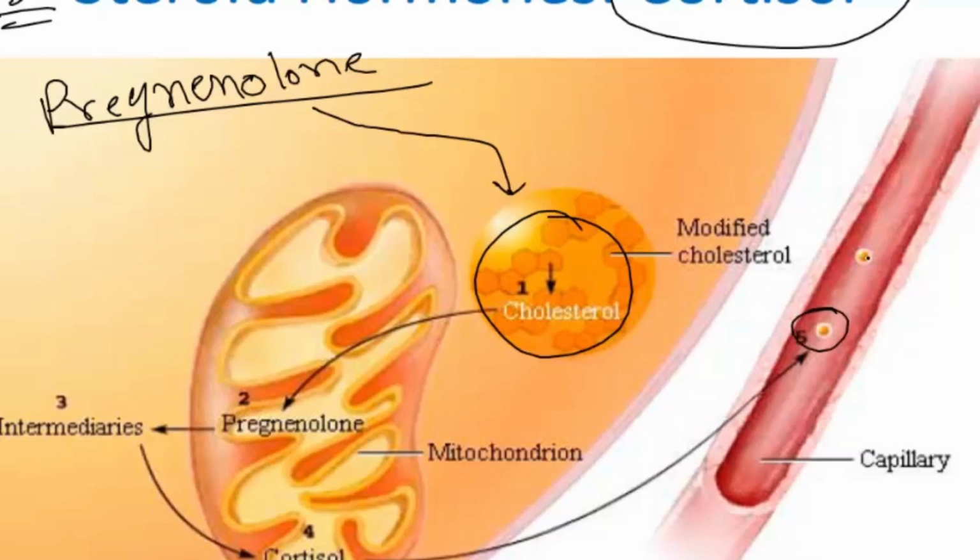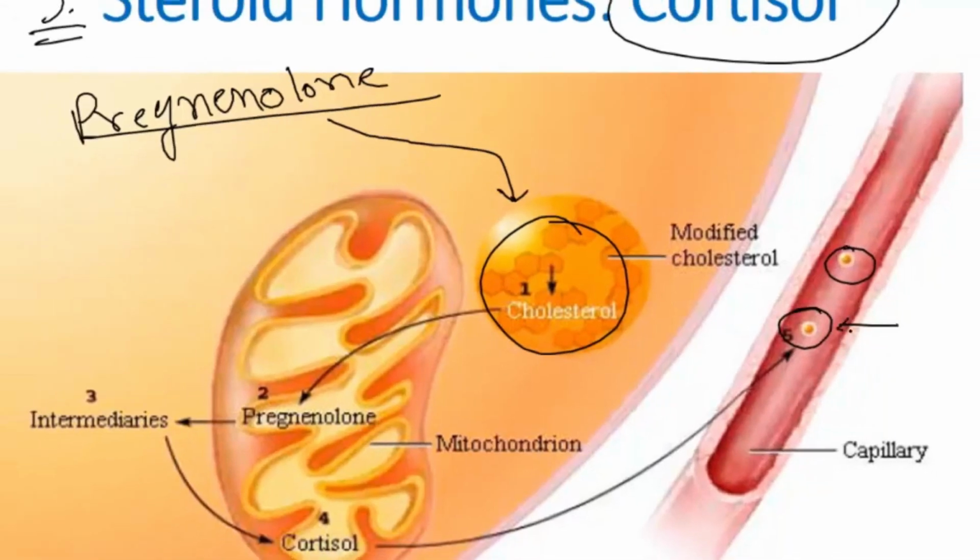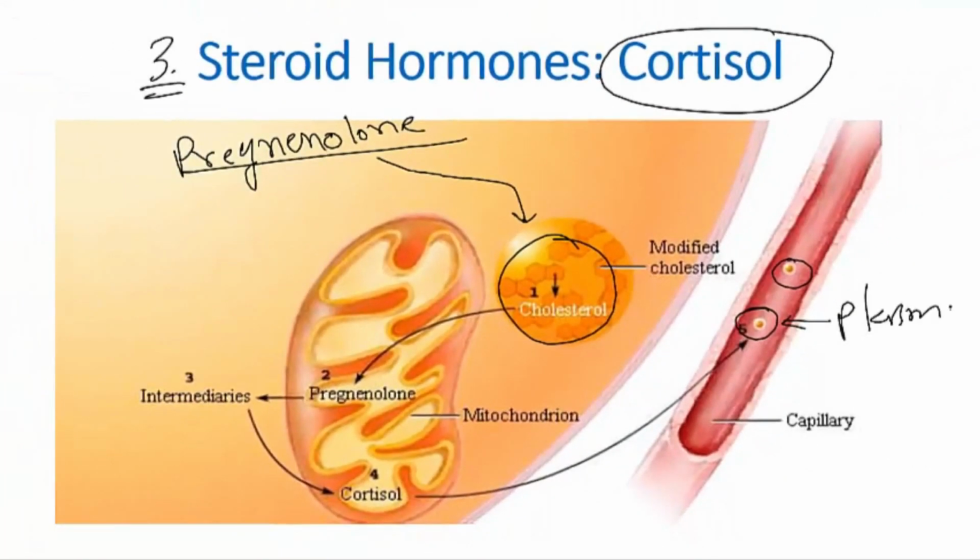Again, just like we saw earlier, plasma proteins are also required for the transport of all those water insoluble hormones such as steroid hormones as well as thyroid hormone. Now the formation of this cortisol is enzymatically driven, as it is with all the hormones. Steroids are formed in an as-needed fashion.